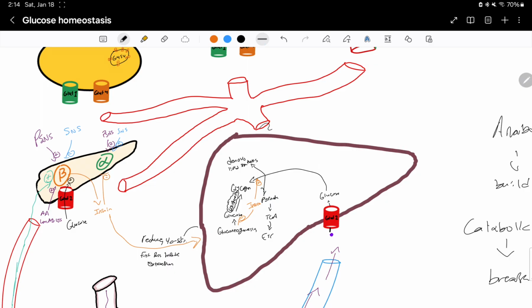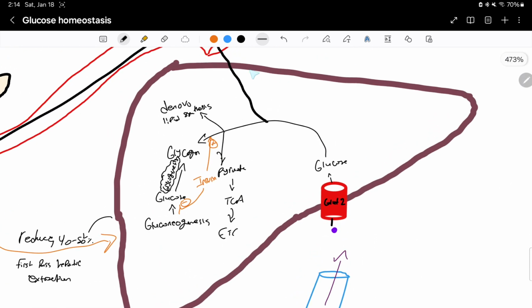It doesn't want to keep all that glucose. So the majority of that glucose is going to go and circulate elsewhere. In fact, as I've mentioned before, the liver doesn't like to hog the glucose that is coming in from the diet.